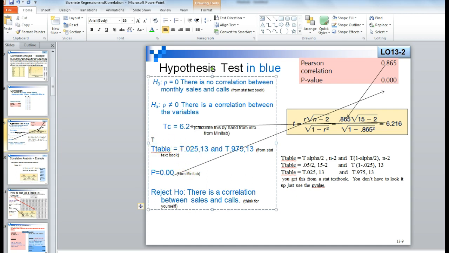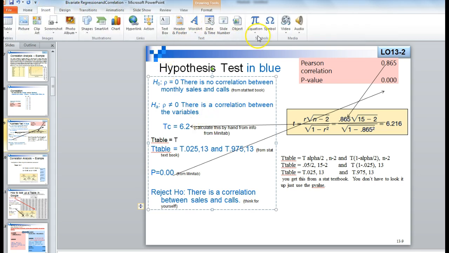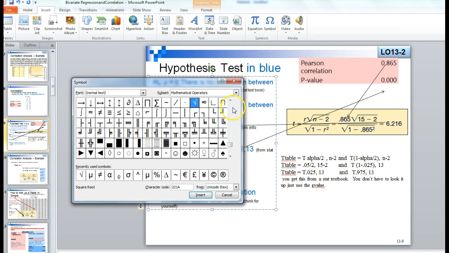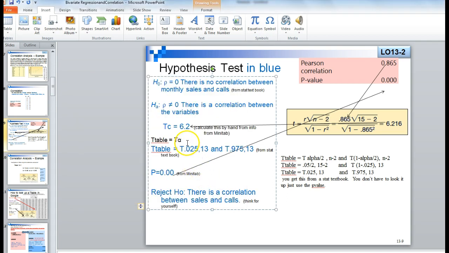So my T table values will be equal to t, alpha divided by 2, and n minus 2 degrees of freedom.